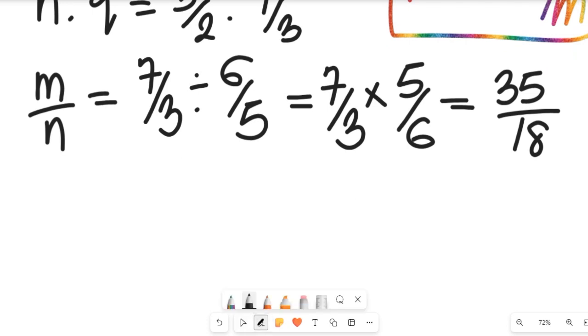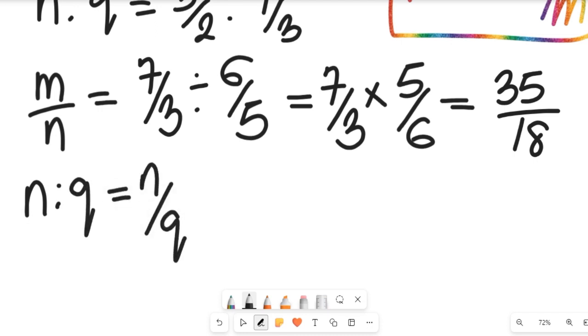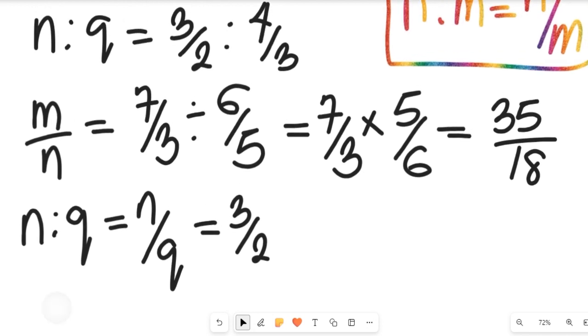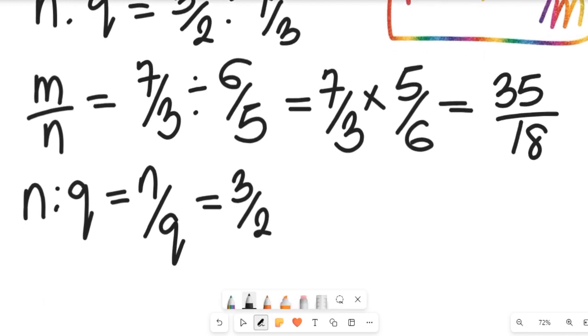Now let's do the same to n ratio q. And n ratio q is equal to n divided by q. This will be equal to 3 divided by 2, and then that divided by 4 divided by 3.